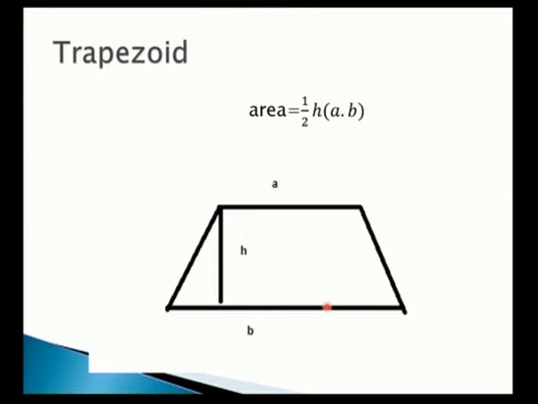That is the basic thing about this trapezoid. The area of this trapezoid can be obtained using the formula half into height into a into b. This is the formula used to calculate the area of a trapezoid.